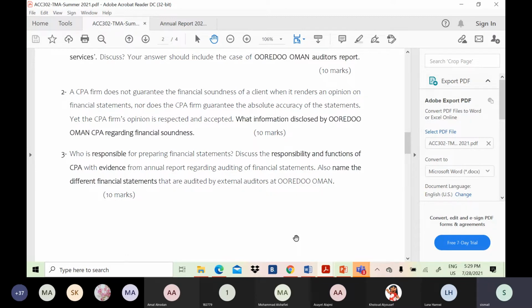The second part is the responsibility and the function of CBA. Evidence: bring me something from the report that proves this. Okay, doctor. This is number 3. Name: tell me the names of the financial statements the auditor reviewed. Can you see here, for example?